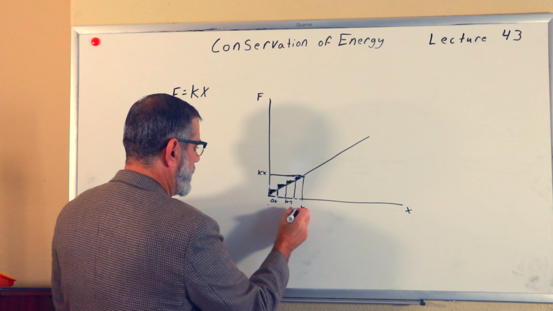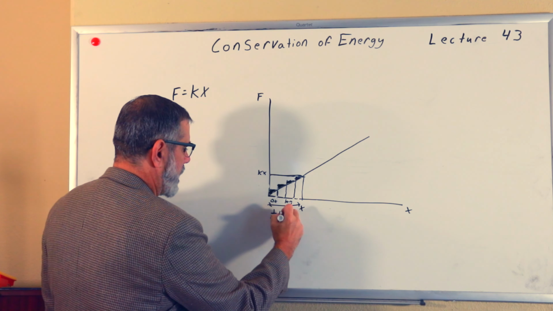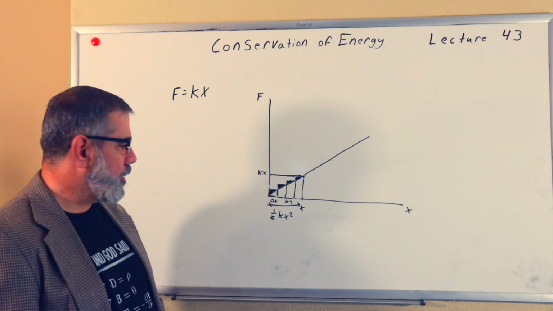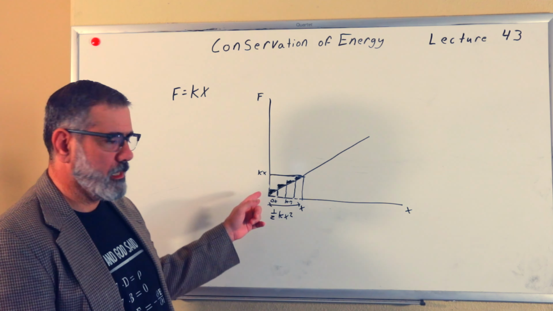And it's half of that. The area of the rectangle is kx squared, but the area of this triangle is 1/2 kx squared. When you get to calculus, you'll see a lot of little problems like this, when we add up the areas of rectangles with smaller and smaller widths, and we take the limit as the width of these rectangles approaches 0. And this will lead to a concept called integration, which we'll do in calculus.